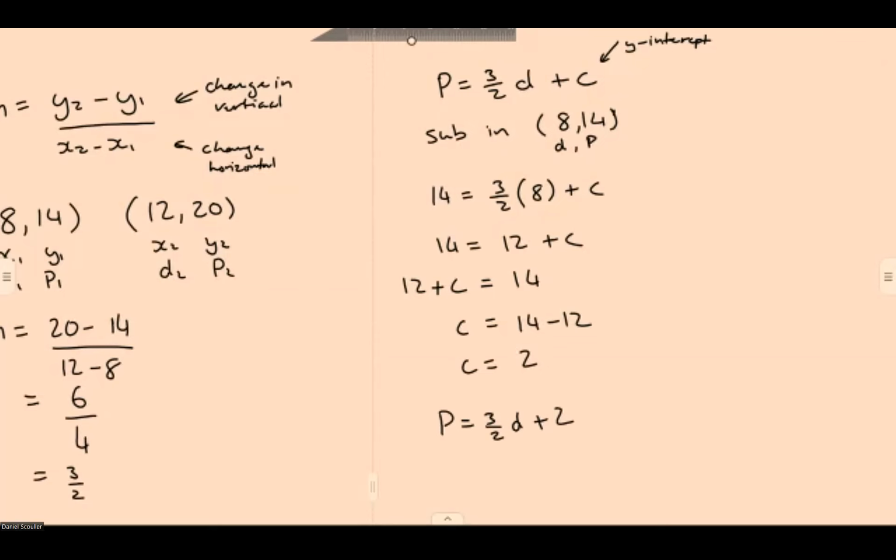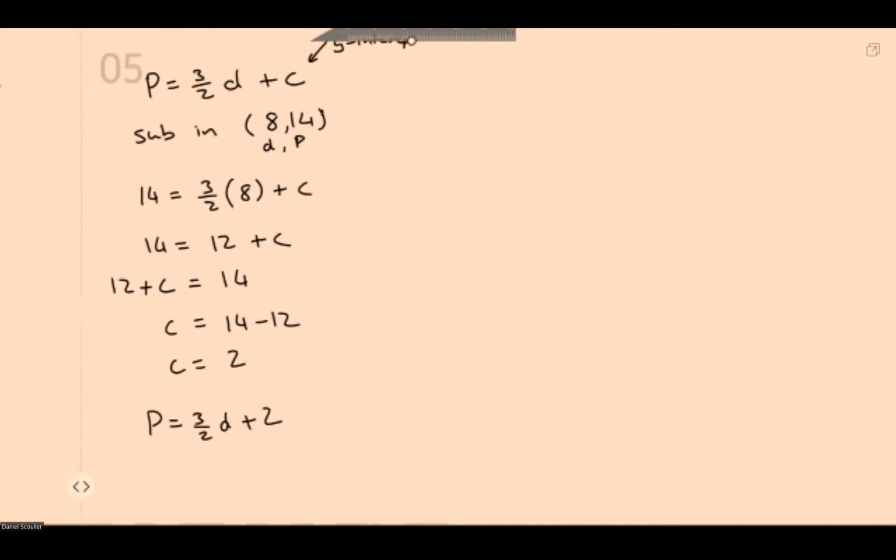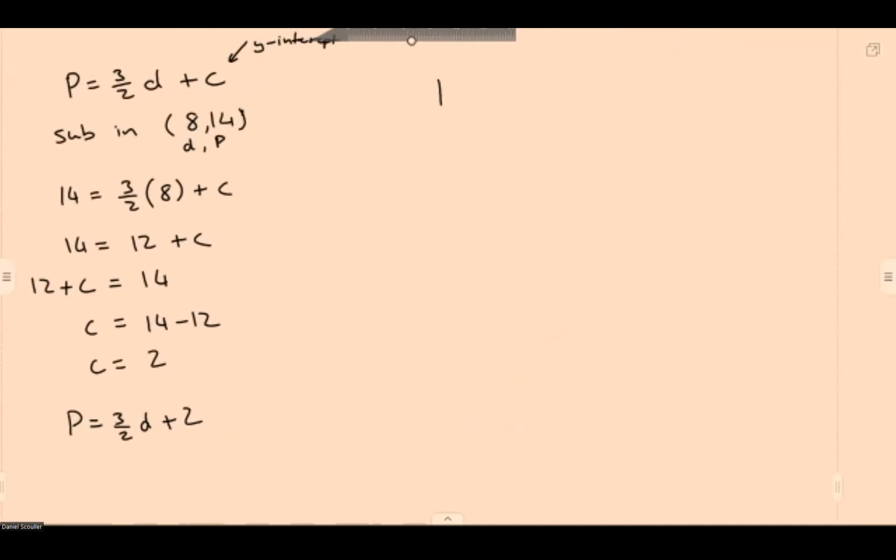This is the bit that I tried to get on that last example, where you might be asked to substitute something different in. So calculate the cost of a journey of 5 miles. Let's look at P equals 3 over 2 D plus 2.